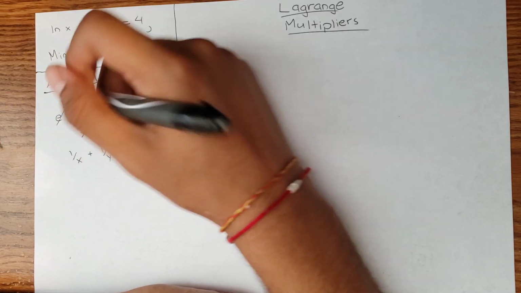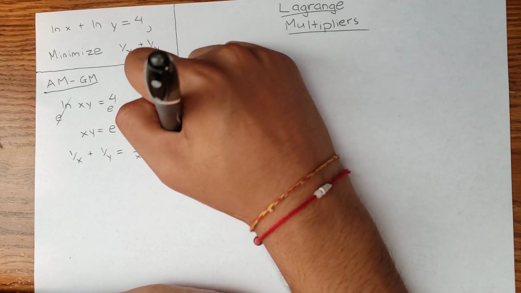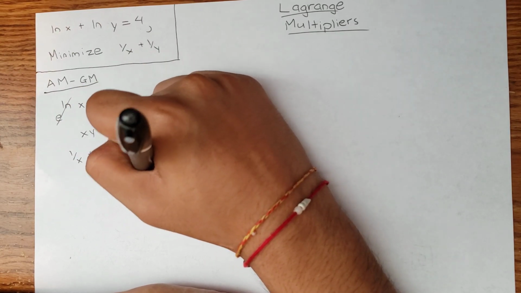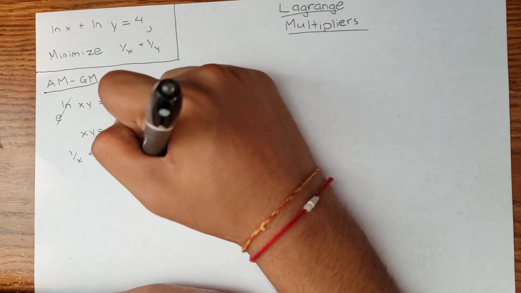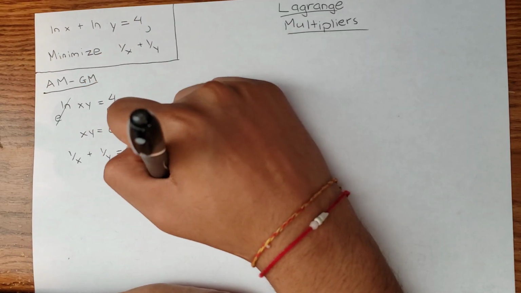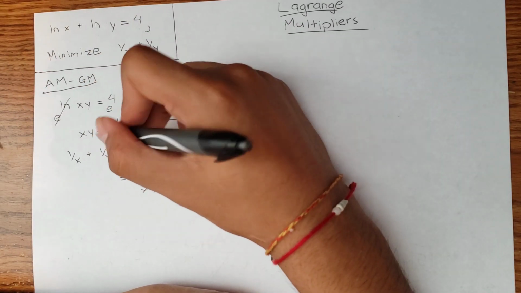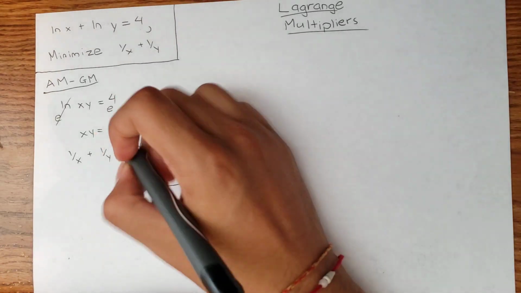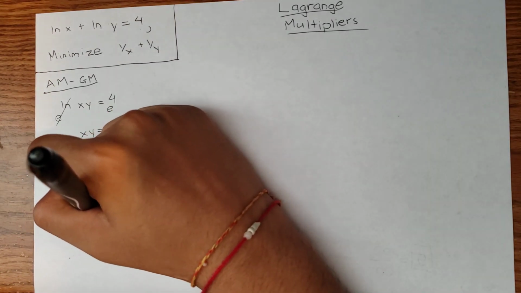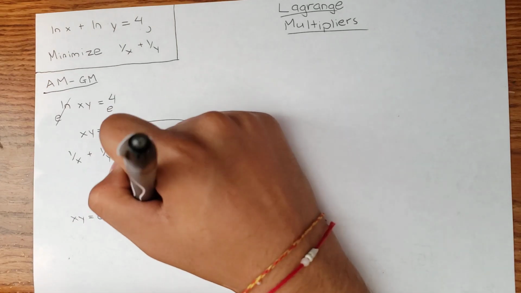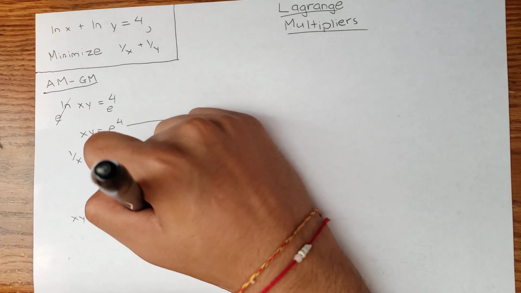This will have a numerator of y, and this will have a numerator of x. So this becomes x plus y over xy, which is convenient because we can actually plug in our term xy here. So we have xy equals e to the power of 4, and we're trying to minimize x plus y.